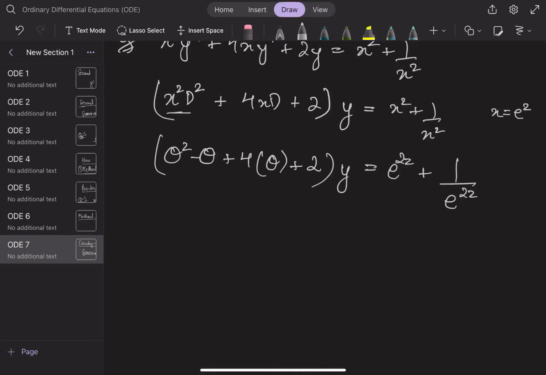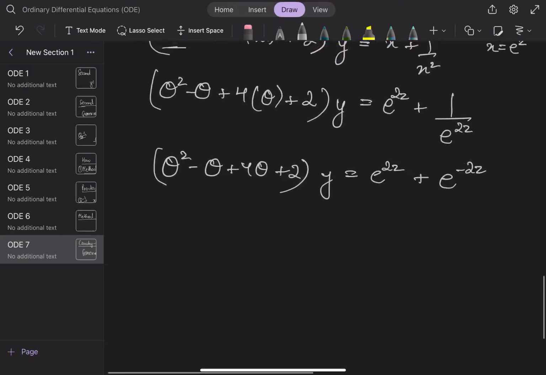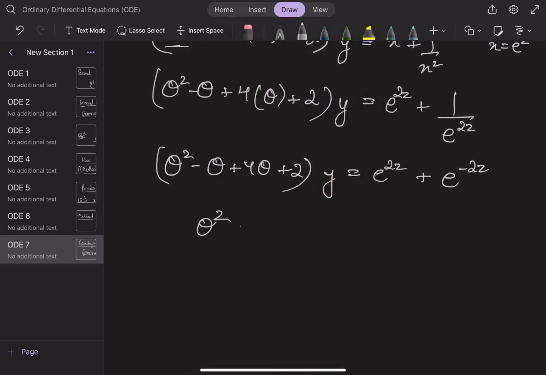So what do you get finally? (Theta square minus theta plus 4 theta plus 2) y is equal to e raised to 2z plus e raised to minus 2z. So you get (theta square plus 3 theta plus 2) y is equal to e raised to 2z plus e raised to minus 2z.